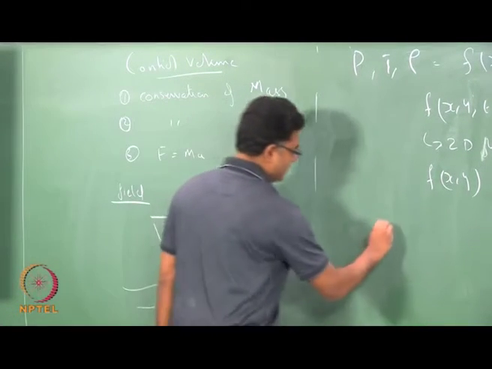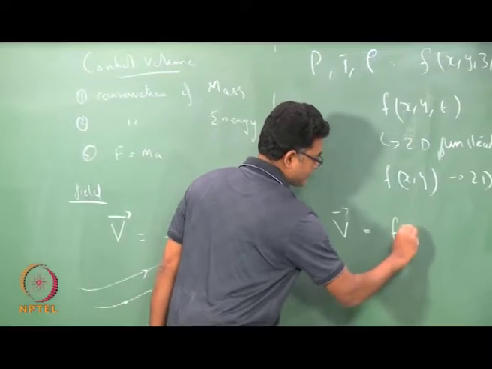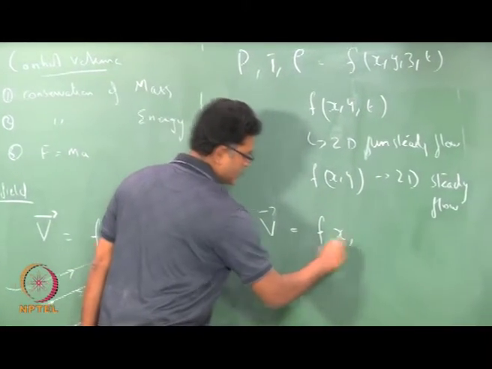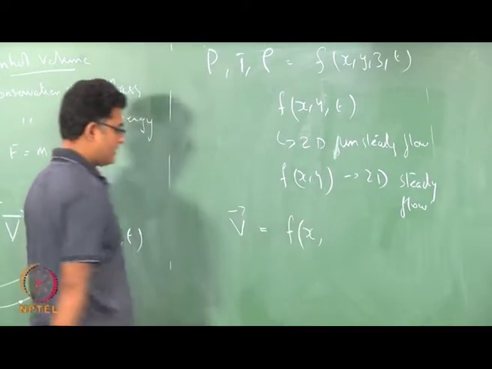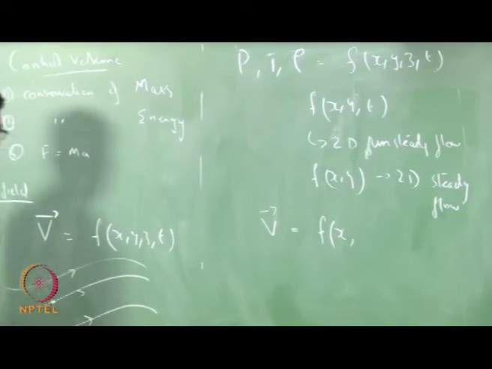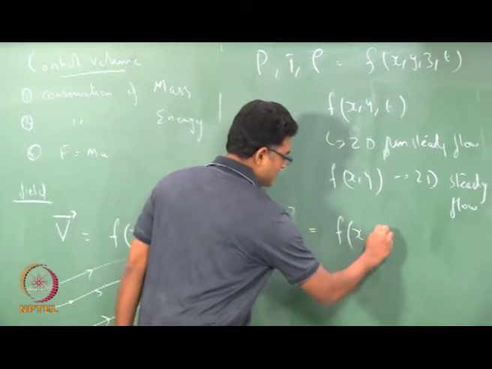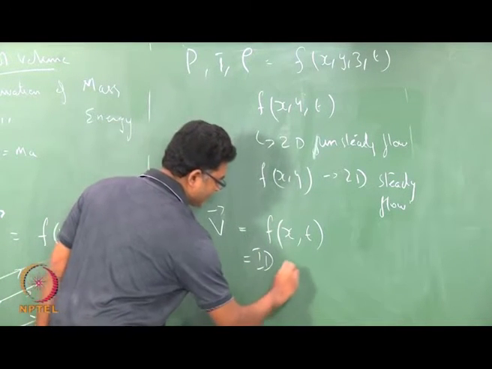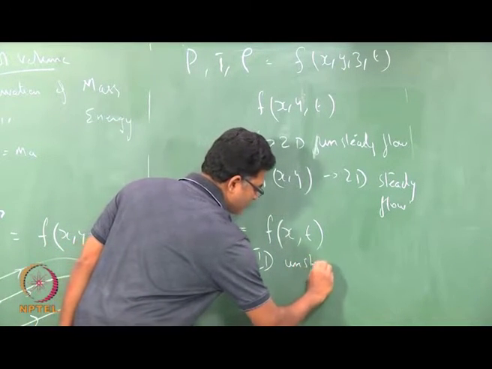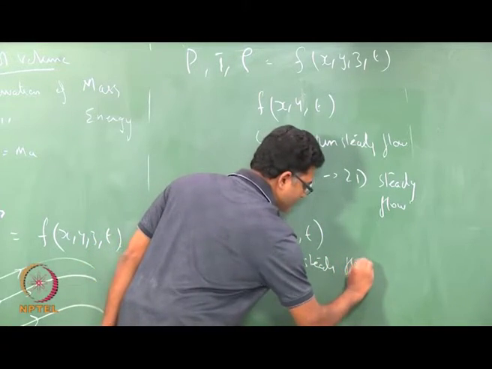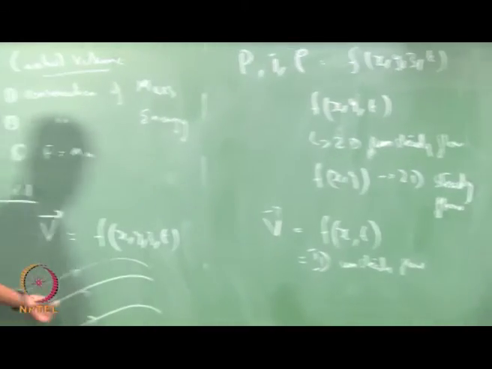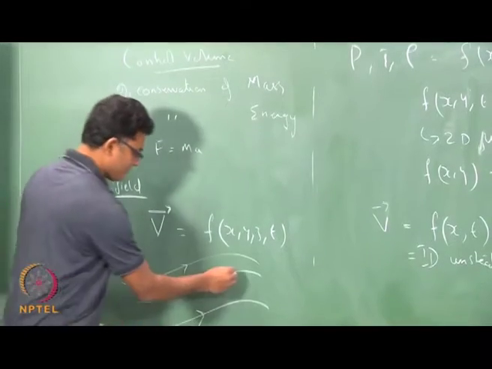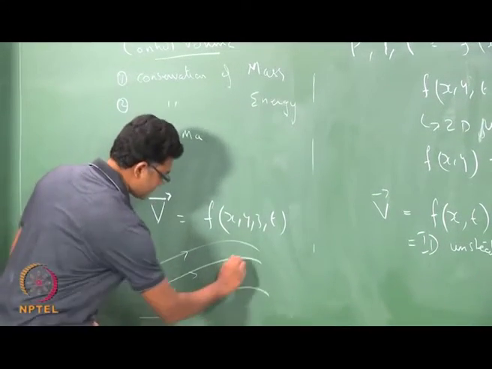And if your velocity or any of those properties is just a function of some one direction and time, then this is a 1D, one-dimensional unsteady flow.